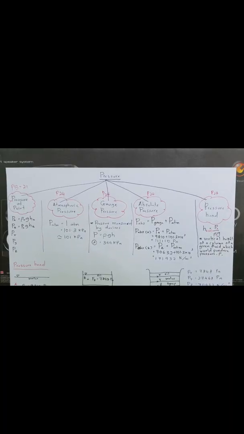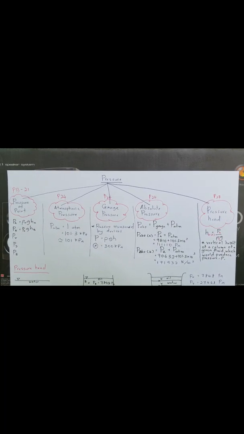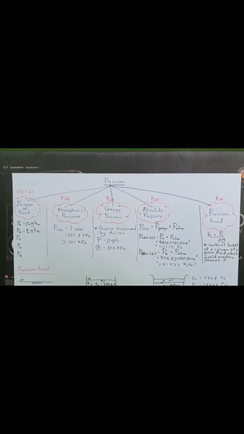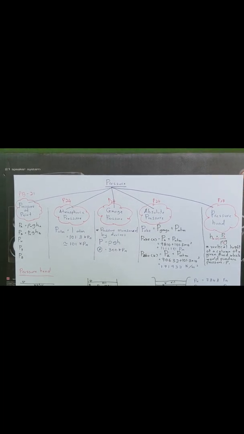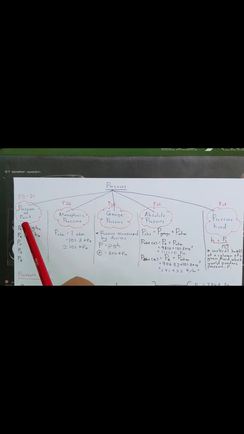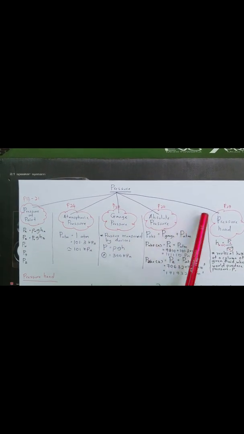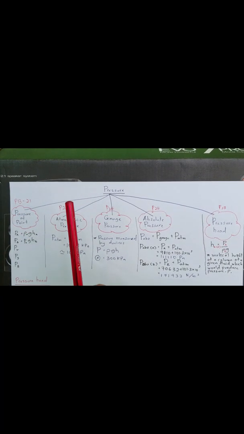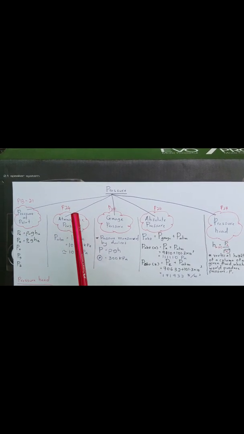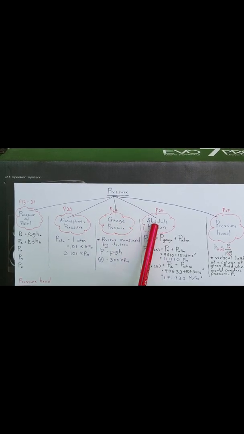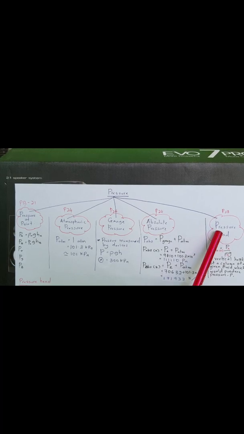Okay. So now, at the end of the subtopic of pressure, a student must be able to differentiate 5 types of pressure. I simplify here as 5 types of pressure: pressure at point, atmospheric pressure, gauge pressure, absolute pressure, and pressure head.